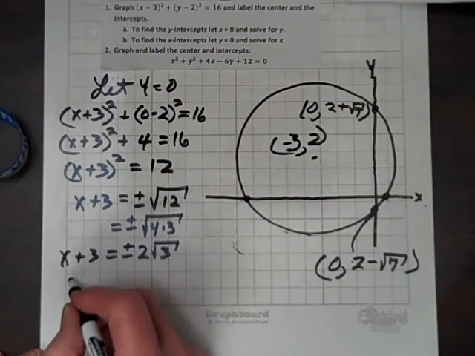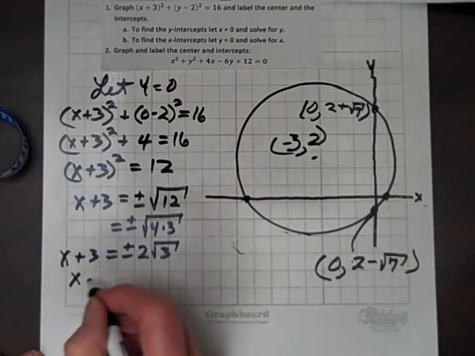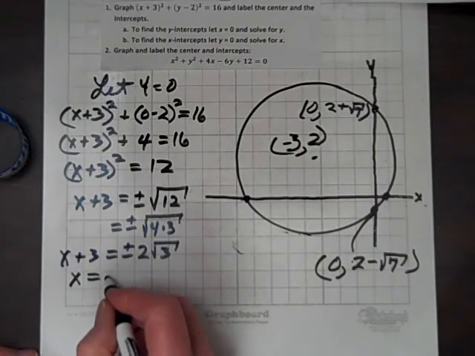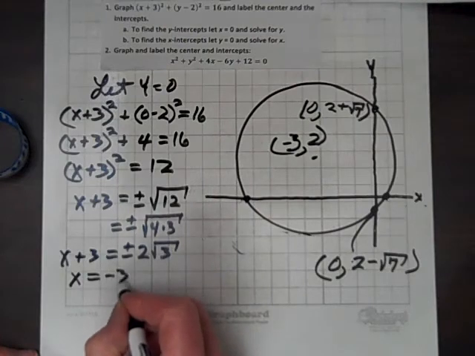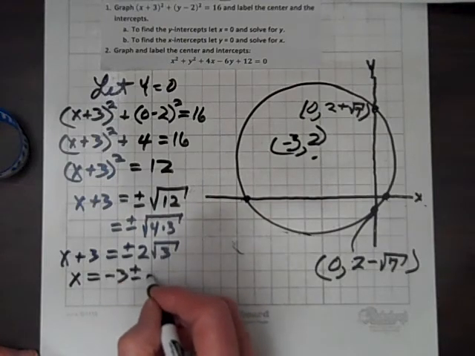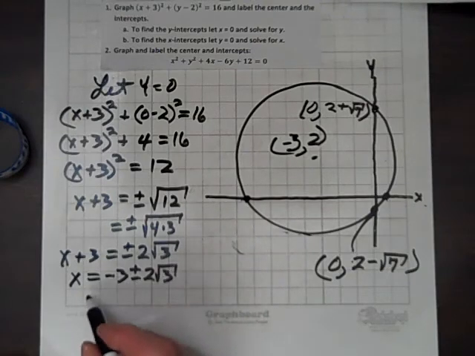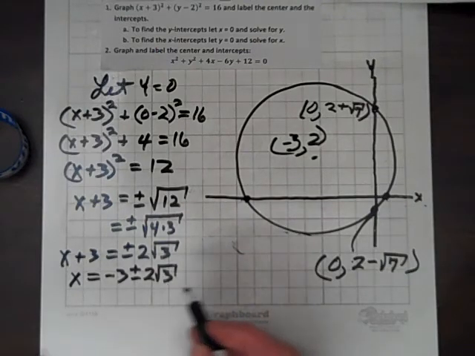Now we will isolate x, and to do that we'll subtract 3 from both sides. So we get x = −3 ± 2√3. And these are the x-intercepts.